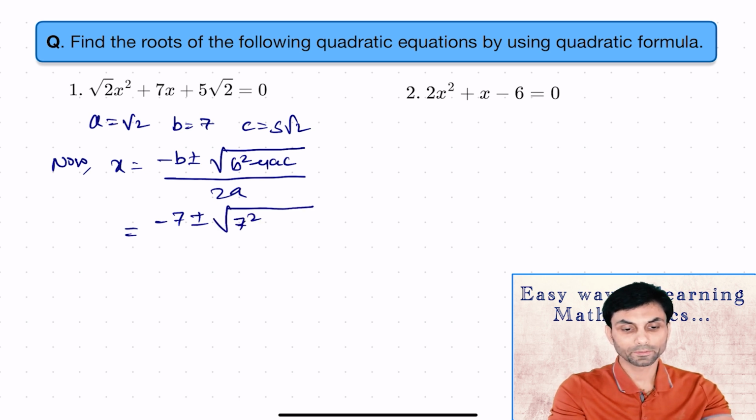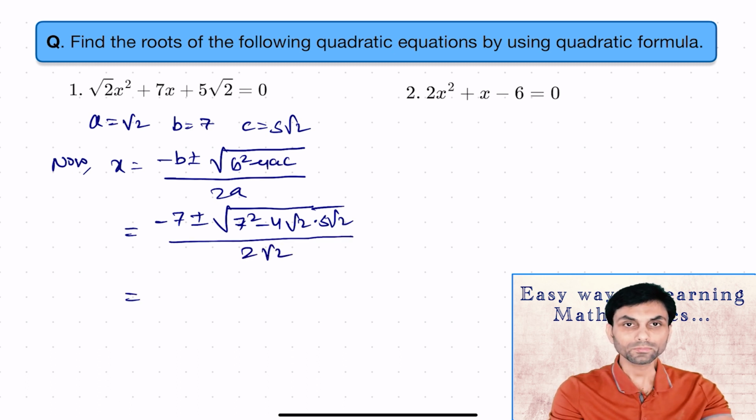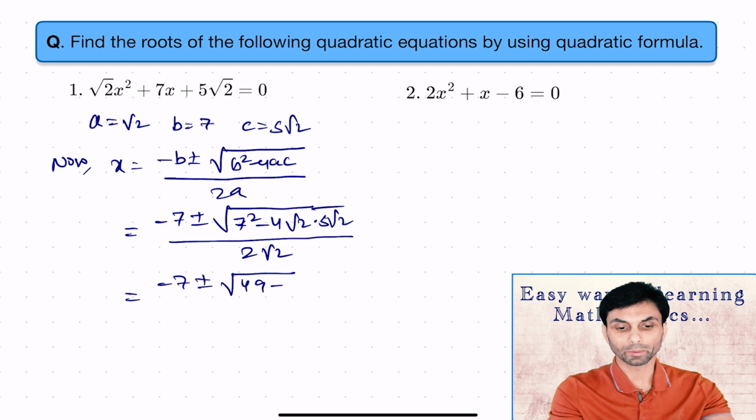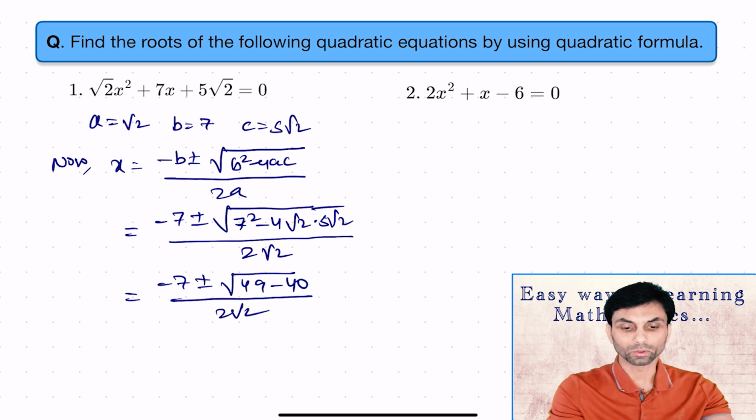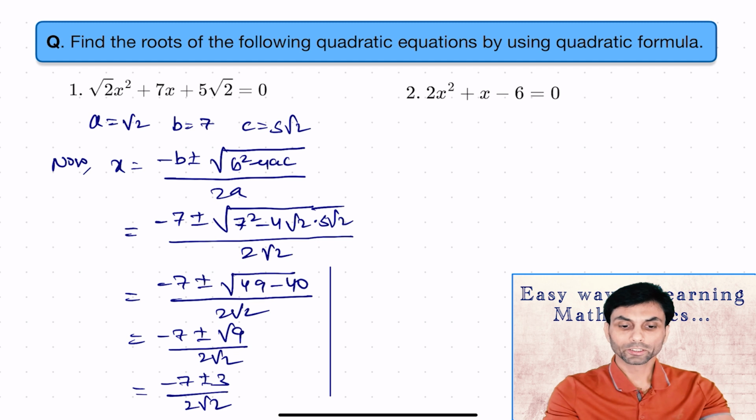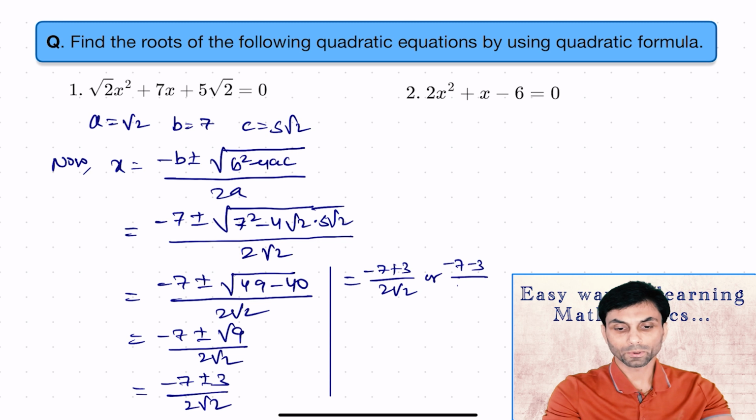This will be minus 7 plus minus square root of b square. So that will be 7 square minus 4 into root 2 into 5 root 2 divided by 2 into root 2, which will be minus 7 plus minus square root of 49 minus 5 into 4 will be 20, and 20 into root 2 into root 2, that will become 40, upon 2 root 2, which will be equals to minus 7 plus minus root 9 upon 2 root 2, that will be minus 7 plus minus 3 upon 2 root 2, which we can write as minus 7 plus 3 upon 2 root 2 or minus 7 minus 3 upon 2 root 2.